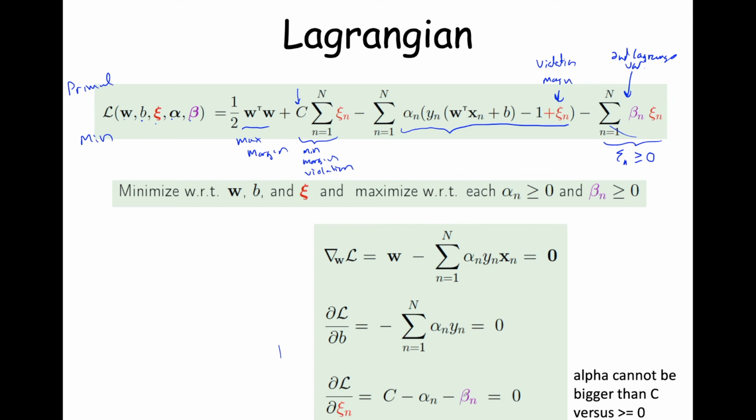Because for this constraint, C minus alpha n minus beta n, to equal 0, if beta n is greater than or equal to 0, that means alpha n has to be less than or equal to C. And that's going to be an upper bound on what alpha n can be, so that this remains true if beta n is greater than or equal to 0. Okay, so we take that and then we substitute.